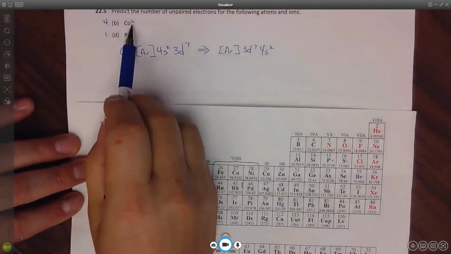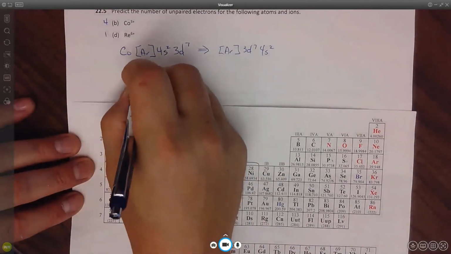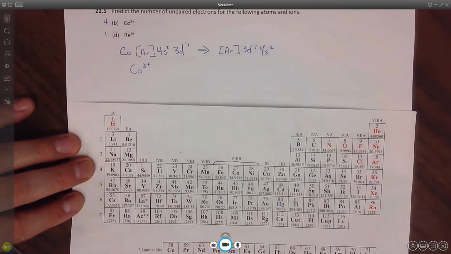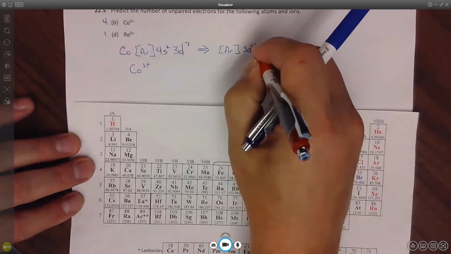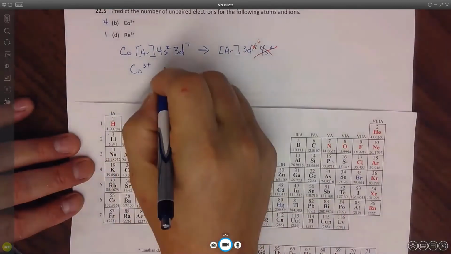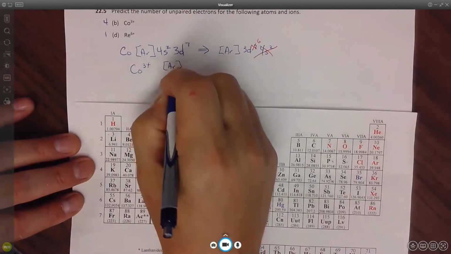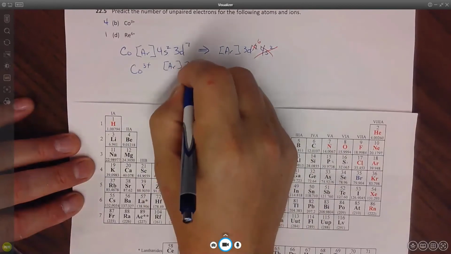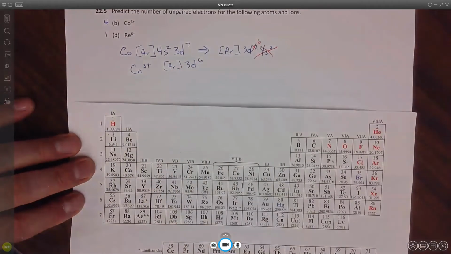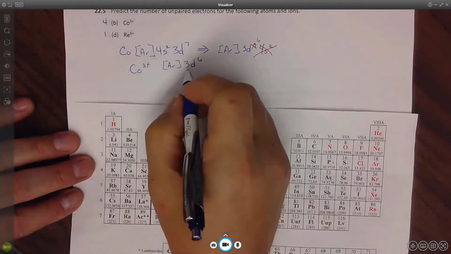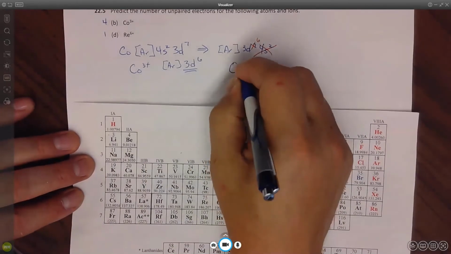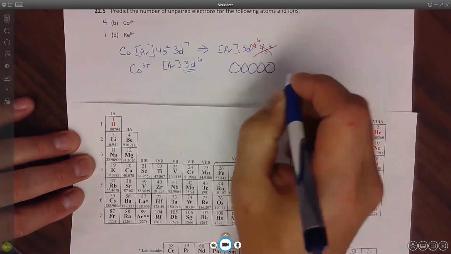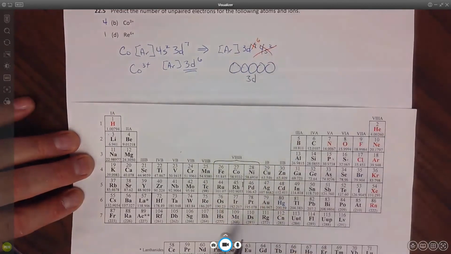Now, it's a +3, so for the cobalt 3 plus, we're going to lose 3 electrons. We lose both of the S electrons and 1 of the D electrons. That gives us an electron configuration of argon 3D6. All we're worried about are the valence electrons. This is a D subshell, so there are 5 orbitals in a D subshell, specifically the 3D.